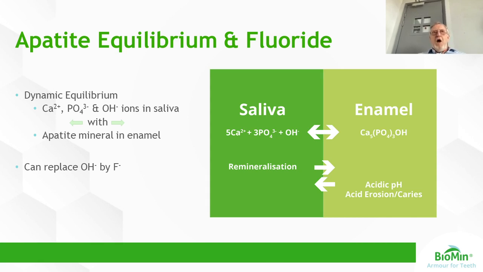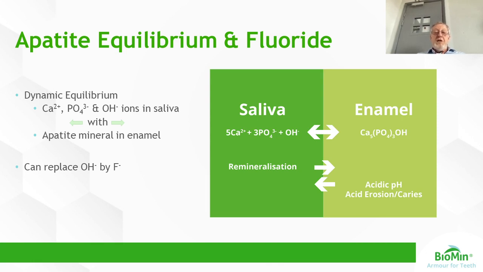It's the fluoride incorporated into enamel which is really the important thing, not necessarily the free fluoride ion concentration. But to form the apatite, we cannot just do it with fluoride alone.